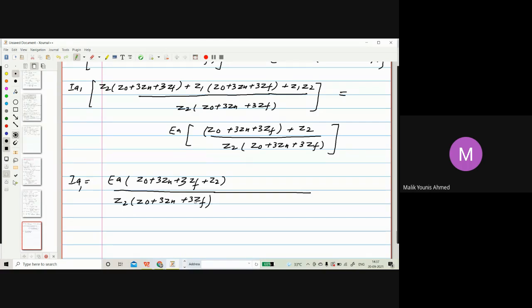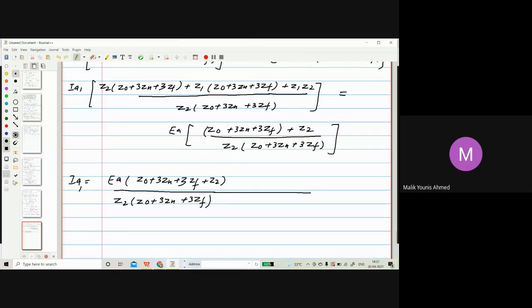This term will go in the numerator. Yes, this should remain like this. This will be in the numerator.